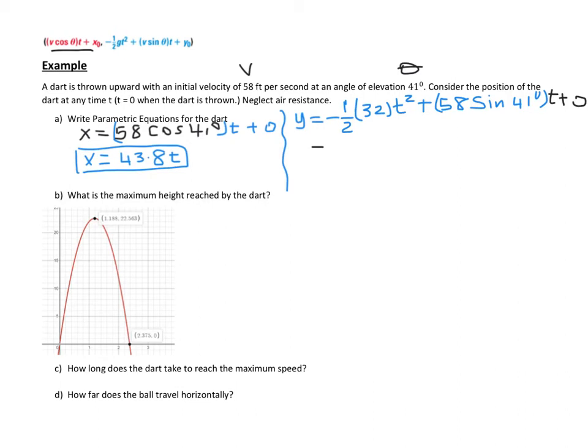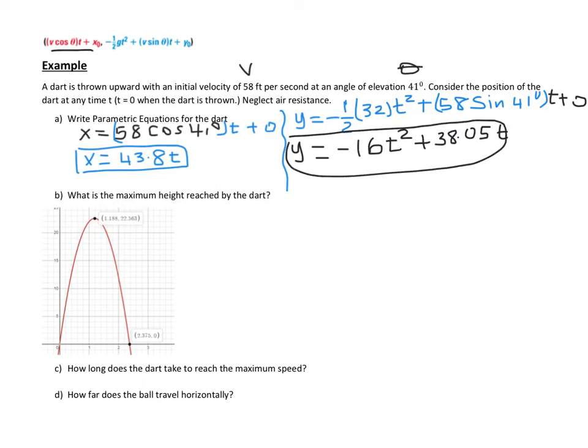If I simplify that, I get negative 16t squared plus 38.05t, and I just put that in the calculator. So that's the second parametric equation.